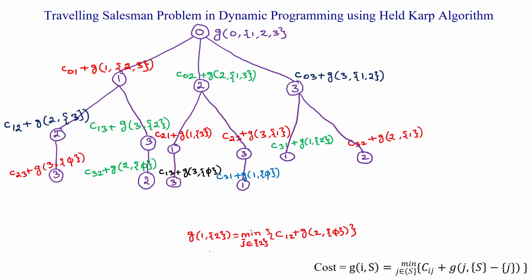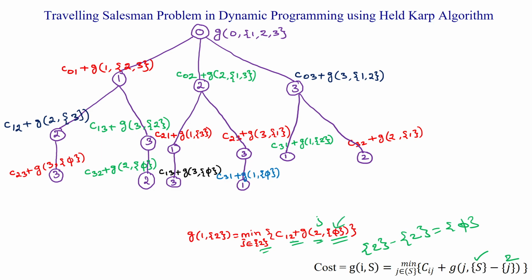So I am going to take that 1 comma 2 here. 2 is the j value here, only one node unvisited in the subset, so j is here 2. Then the 2 is also visited, so as per this, the subset is having 2, minus j, which is also here 2, so 2 minus 2 you will get the empty subset.